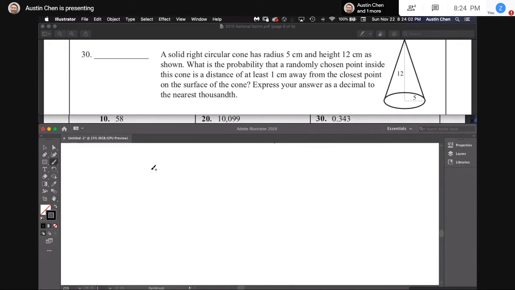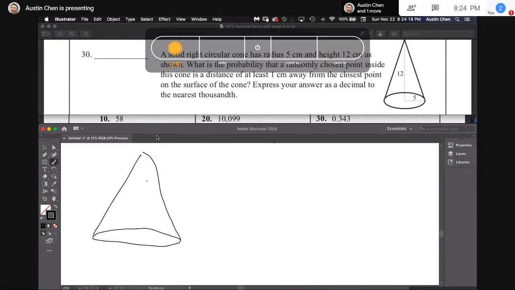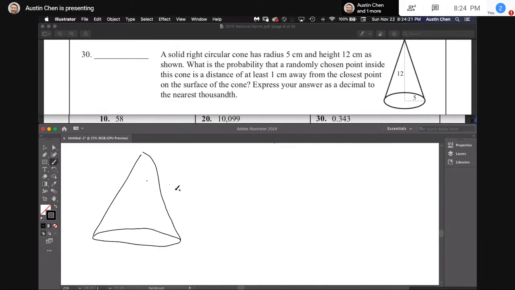All right, so we have a cone. And what's happening here is we choose a point inside the cone. Boom. And we want to see the probability that it's farther than 1 centimeter away from anywhere on the cone. Okay, so how can we think about this? Well, we could think about this as there are 1 centimeter projections from everywhere on the cone, right? And you can't be within these 1 centimeter projections, right?